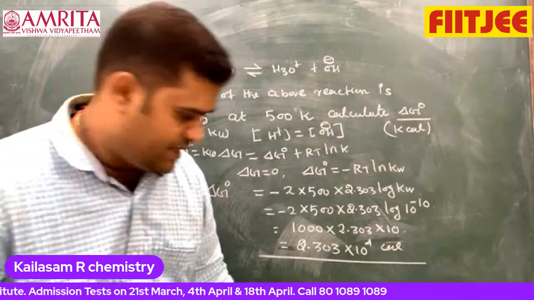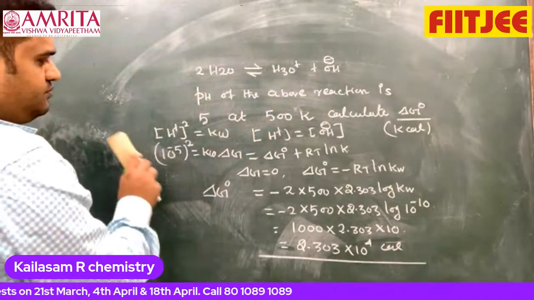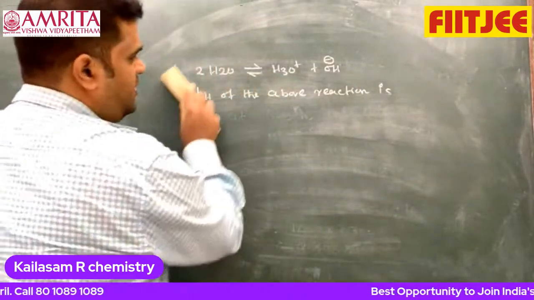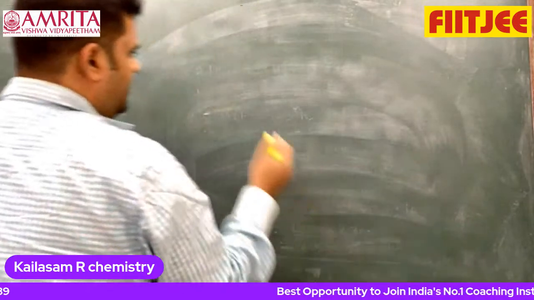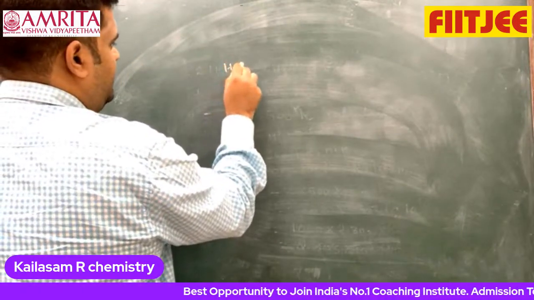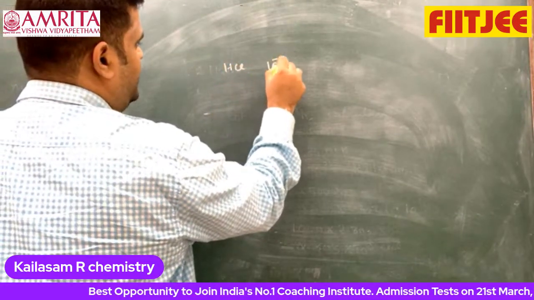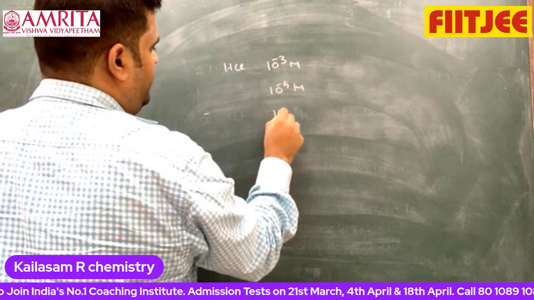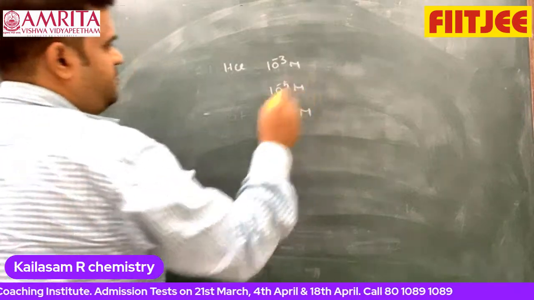Now next one. So can we say this? Now we can say that pH is equal to minus log of H plus. Now my question is, I am taking HCl. I can say 10 power minus 3 molar, 10 power minus 5 molar, 10 power minus 7 molar. What is the pH?